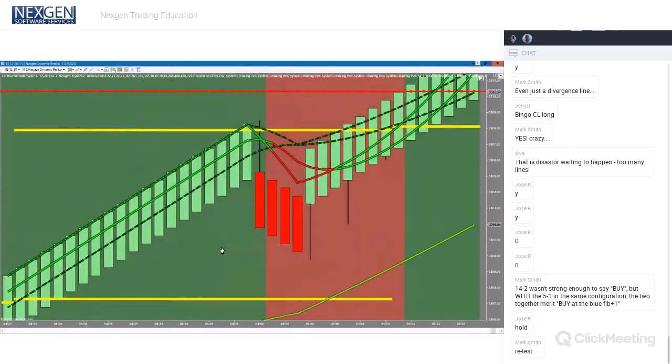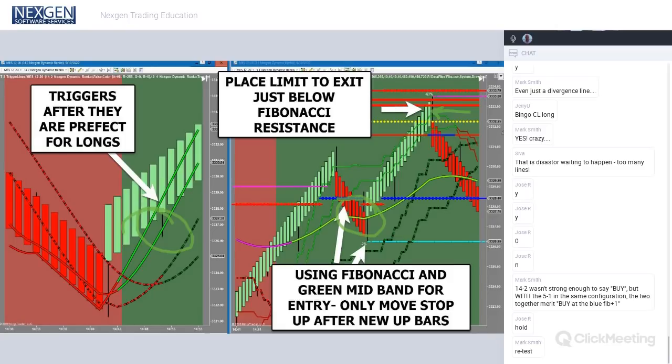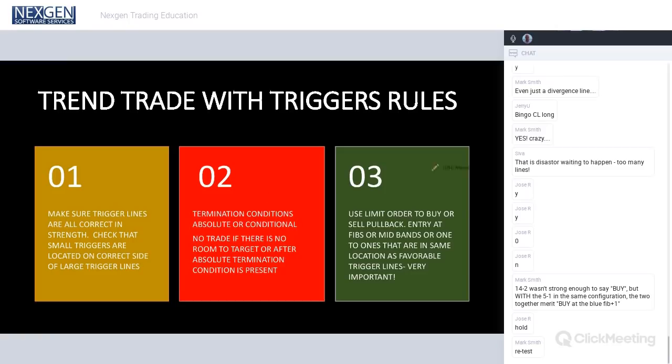So you can hit a line, but if the triggers are still going up, it doesn't really mean go short yet. It just means don't go long anymore, because if you try to go long on a little chart, you're going to lose. That's what we call our termination area, right?